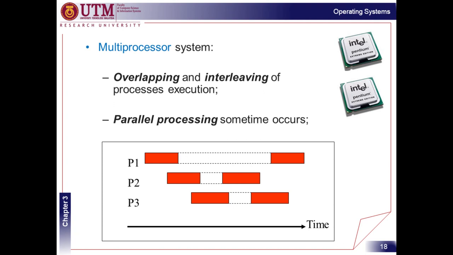Another advantage is they can improve the reliability of the system, because if one processor fails, the other processor can continue working. They can also be more economical in the long run because they share resources such as memory and peripherals.